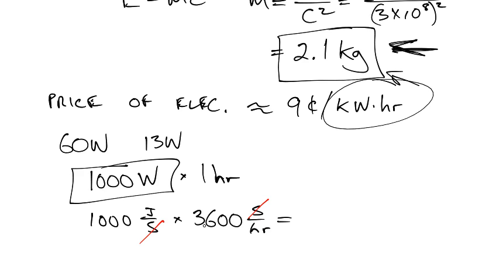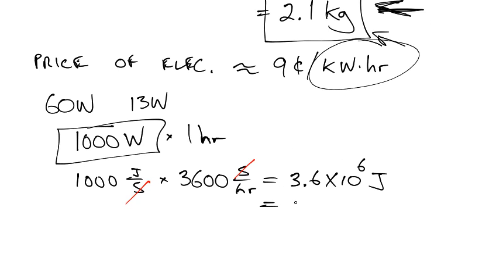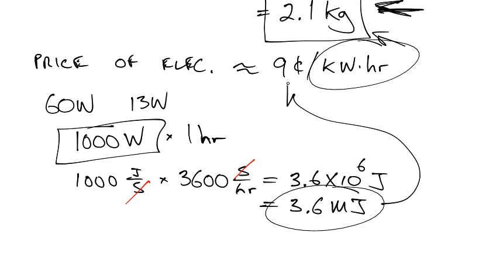And the answer to that is 3.6 times 10 to the power of 6 joules. There's 3 decimal places here and 3 decimal places there, right? So that's 3.6 million joules. In other words, I can also write this as 3.6 megajoules. So 3.6 megajoules costs how much money? 9 cents. Wow, that's a pretty good price. Less than a dime for over 3.5 million joules of energy.